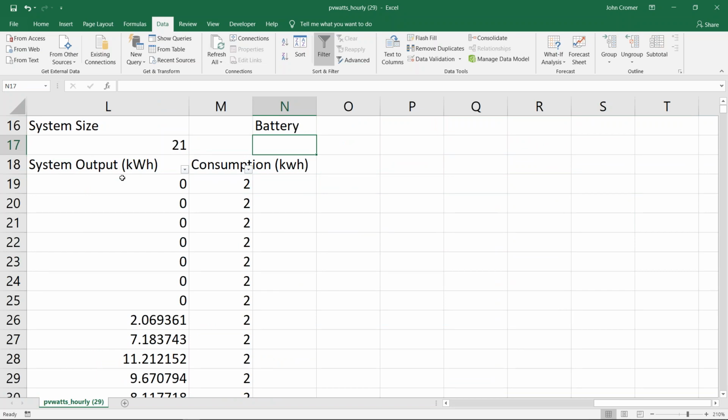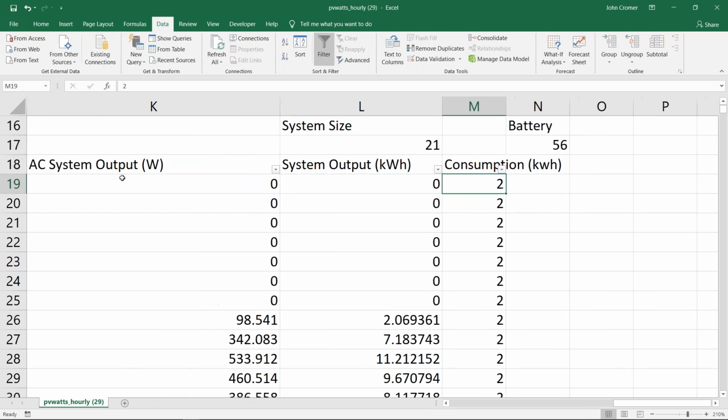What we saw earlier, the big, meaty, flooded lead-acid battery is 14, and 4 of those up to 48 volt is 56 kilowatt hours. So let's guess what a 21 kilowatt solar array and a 56 kilowatt hour battery bank would do.